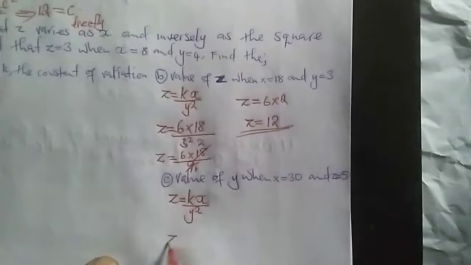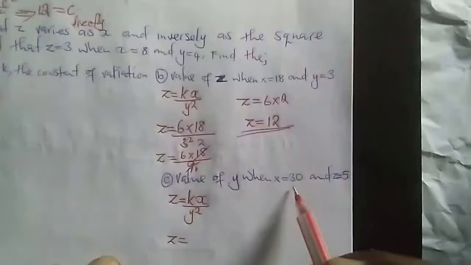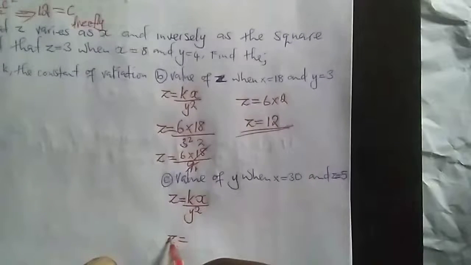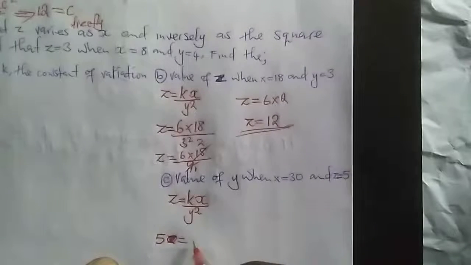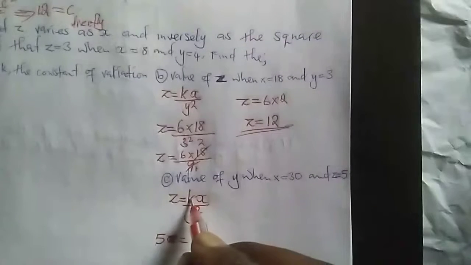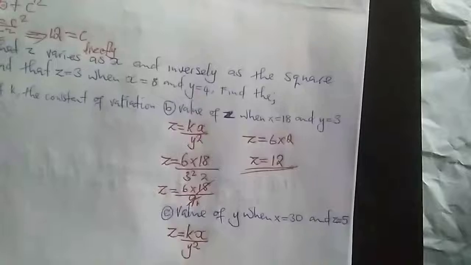Okay, so we put in the values of these. We are told to find the value of y when z is equal to 5. So here I'm not supposed to write z, but instead write 5, which is equal to k, the constant. I'm sure you remember when we found the constant here. This is the one we're going to use, so we're going to put 6.